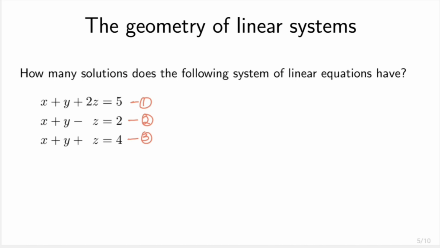So if we subtract equation 1 from equations 2 and 3, what do we get? So first subtract, let me see, equation 2 minus equation 1. What does that give us? That gives us minus 3z equals minus 3.